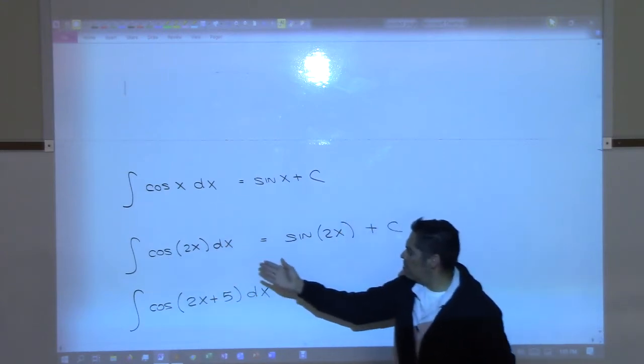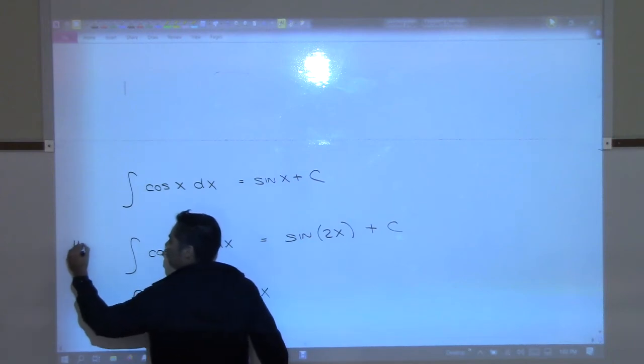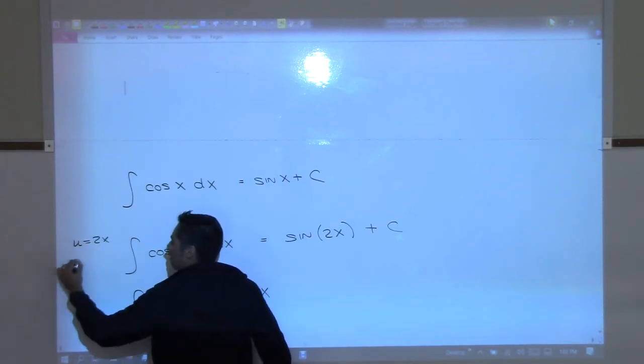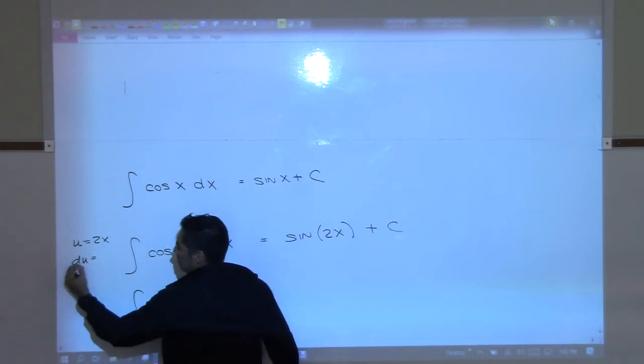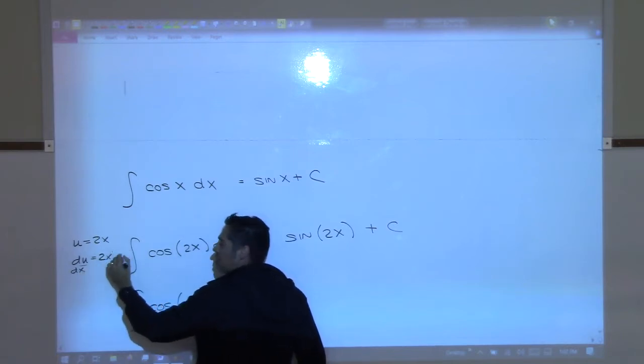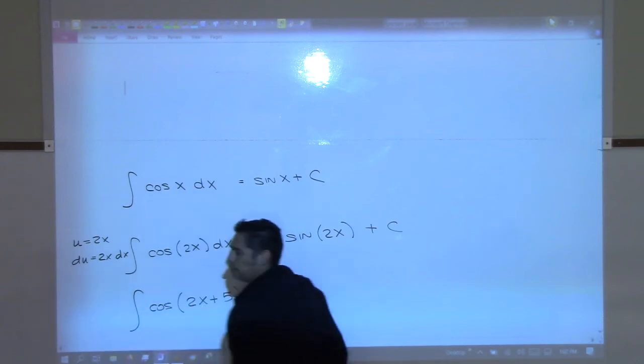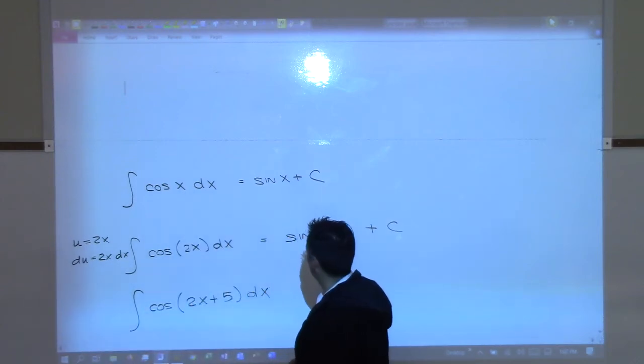So what we would have to do for this problem, I'm not going to go through the work, is make a little substitution. u is equal to 2x. du would be, and I'm going to stop doing du/dx, I'm going to start just putting the dx over here every single time. Yes, James? You wouldn't want to change that into its double angle?